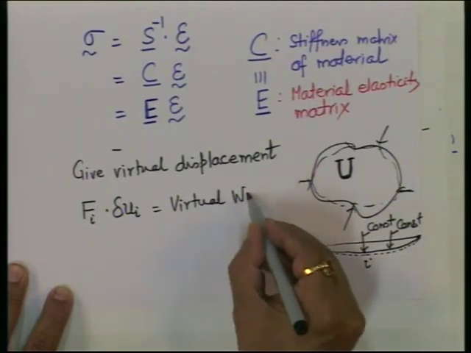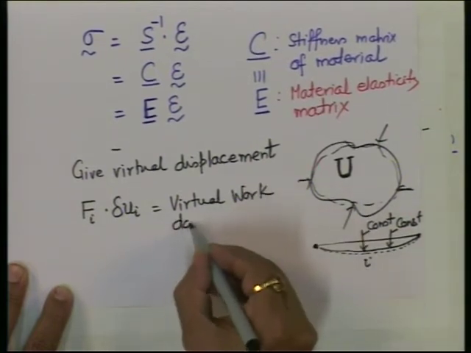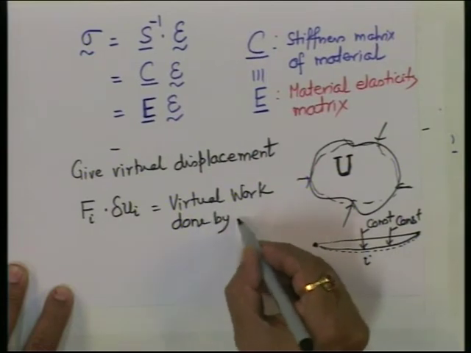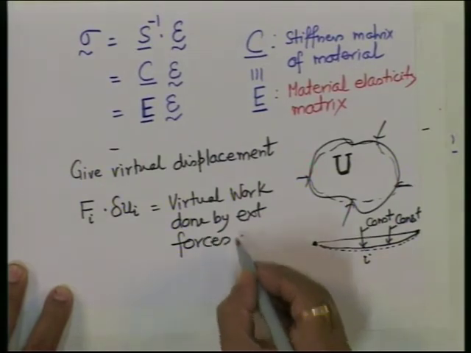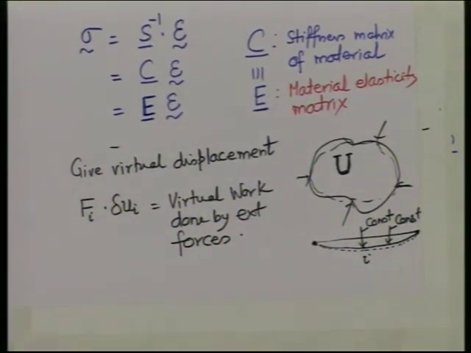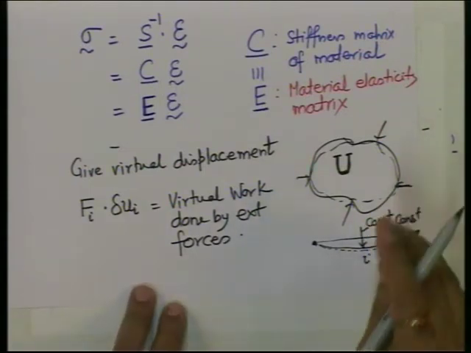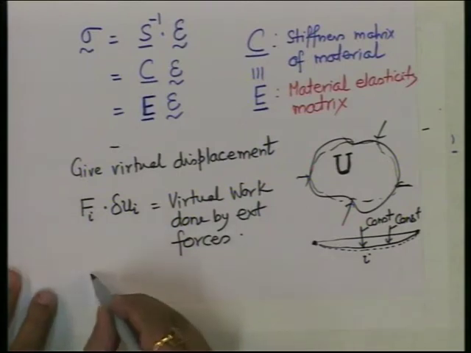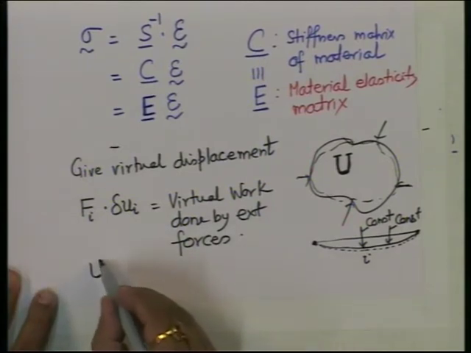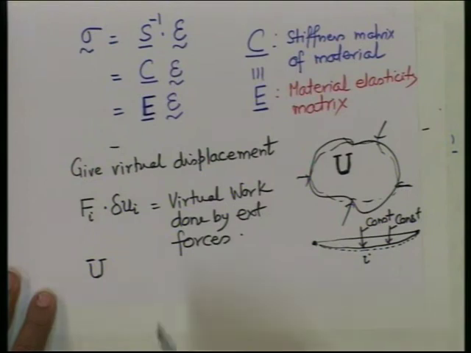It is virtual work done, not real work done, because we have moved it only slightly, and in the process the body has also further deformed. So, the strain energy must have changed by some amount.